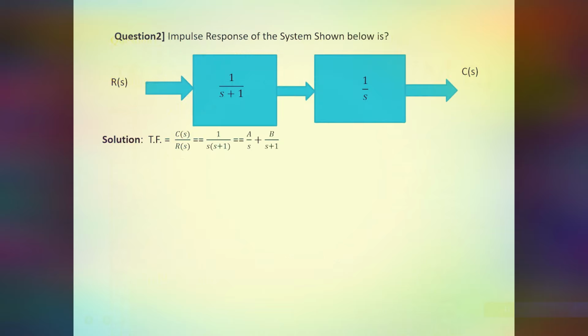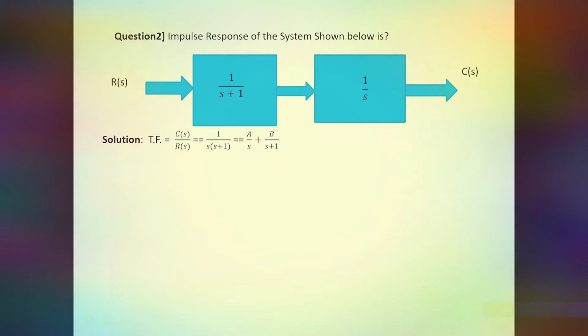Second question is to find the impulse response of the system shown below. For the given system, to find the impulse response, the transfer function is equal to the Laplace transform of output divided by the Laplace transform of input. We get the transfer function 1 divided by s(s plus 1).